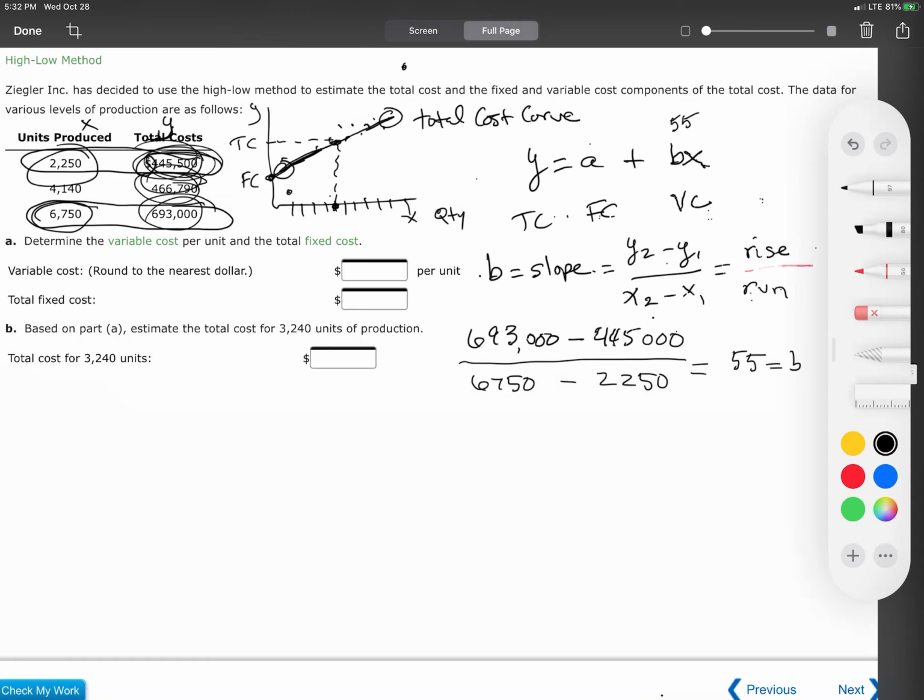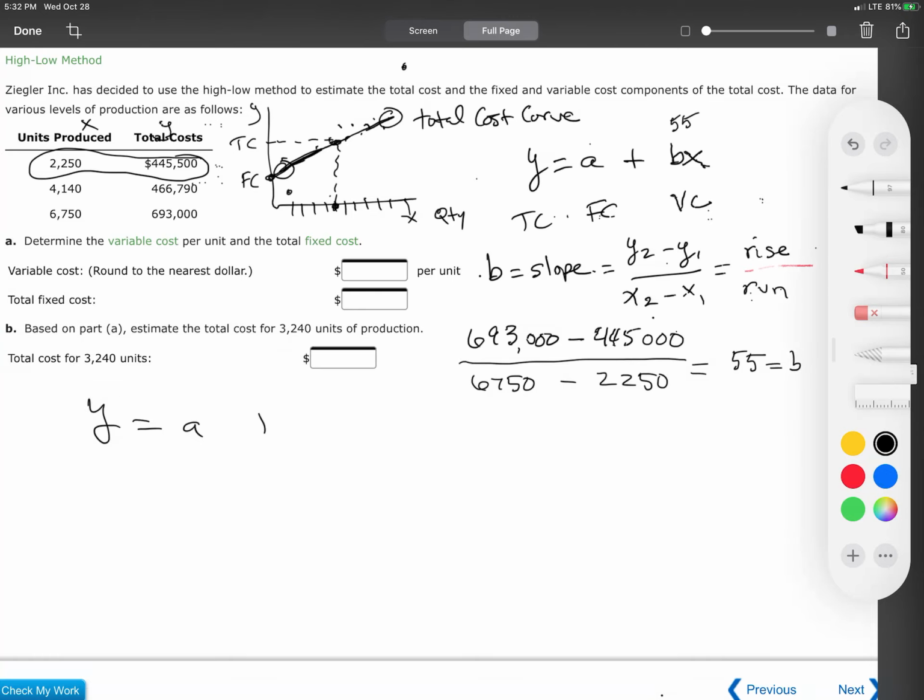Now we need to solve for A, because we're taking the total costs they gave us, all this total cost data, and we need to separate it out into fixed and variable components. We've just figured out what's the variable portion of all this, the variable cost per unit. Now let's solve for A. Now let's pick one of these 2 data points.